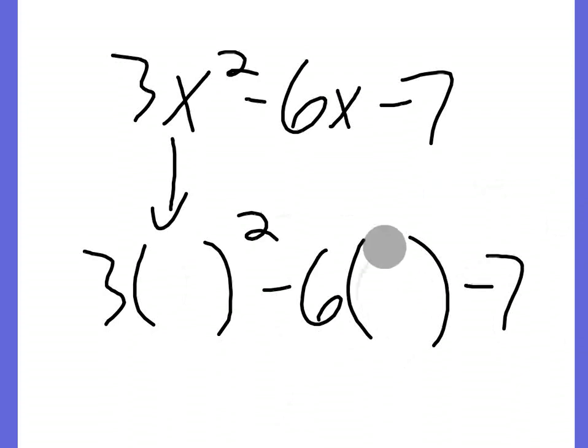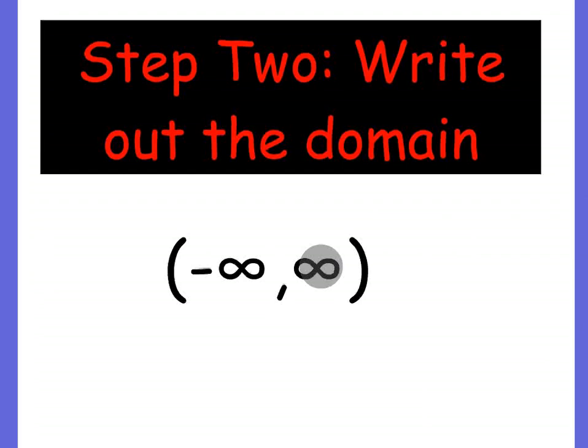No matter what you choose, you're going to get a number back. I'm going to leave it up to you. No matter what you plug in, you will get a number back. It's not going to tell you undefined if you plug into a calculator. You're going to get a y value back, so no matter what you plug in, it's going to be part of the domain, and that's why it's negative infinity to infinity for the domain.